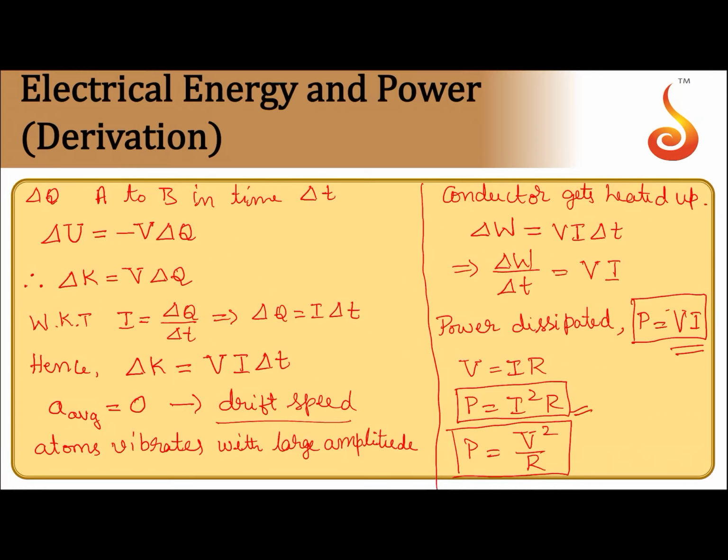P equals I square R is in terms of current and resistance. P equals V square by R is in terms of potential difference and resistance. Depending on the situation, we can use these equations. So this is the derivation for electrical energy and power dissipated in an electrical circuit.